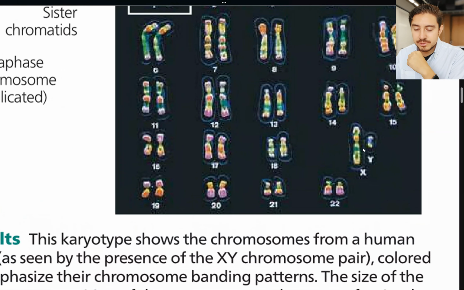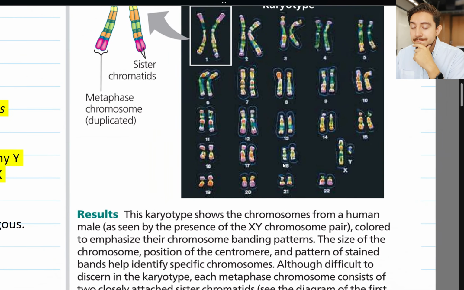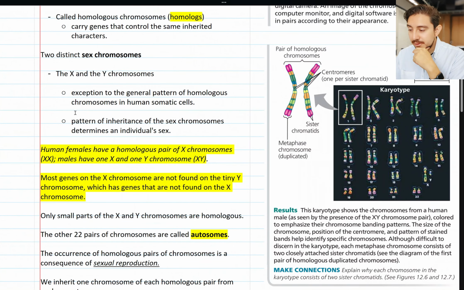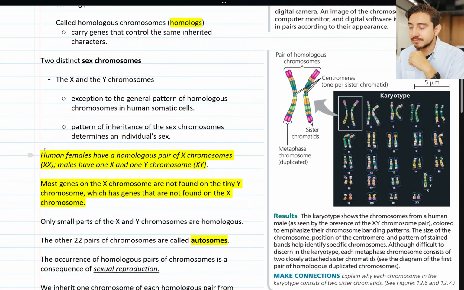These are the only ones that are really different from each other. But if you notice, all other pairings are quite similar in terms of length and size. One thing that's quite interesting is that as you go down the homologous pairing, the size of the chromosomes will start to decrease, until you get these itty bitty ones, chromosome pair number 22. But that we're going to talk about later.